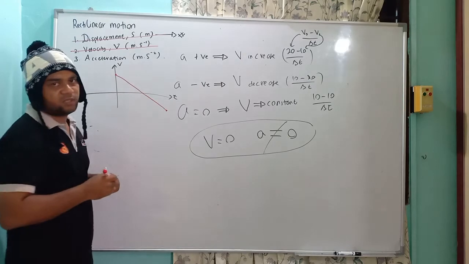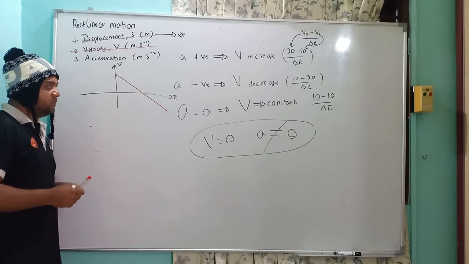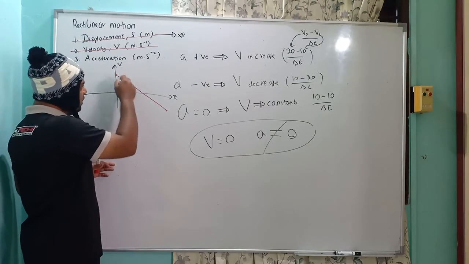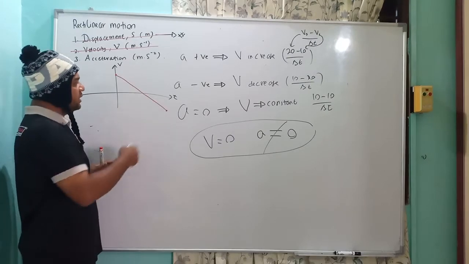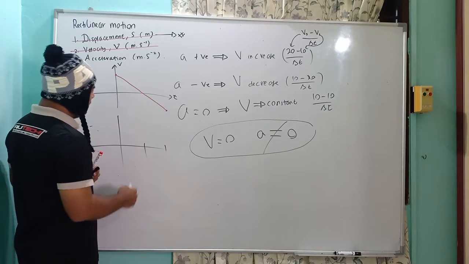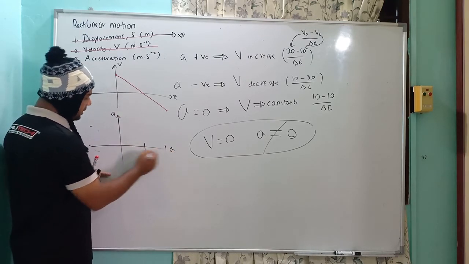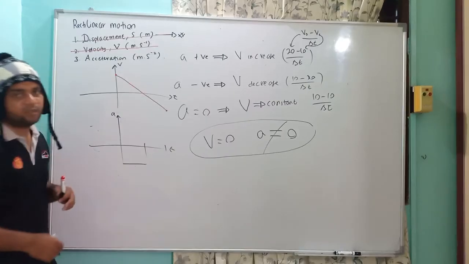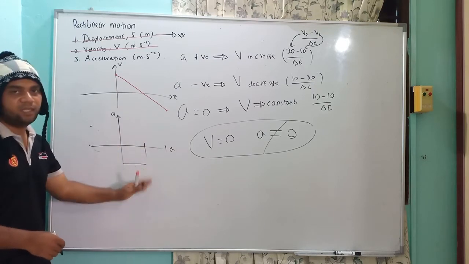This is the velocity. Here we have the velocity decreasing. When velocity decreases, the acceleration, this is A, this is T, will be negative. It is a negative value downward. It decreases constantly, so acceleration will be negative.